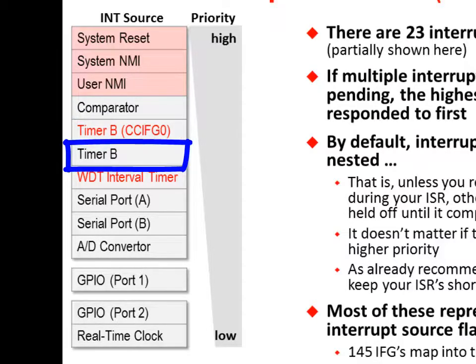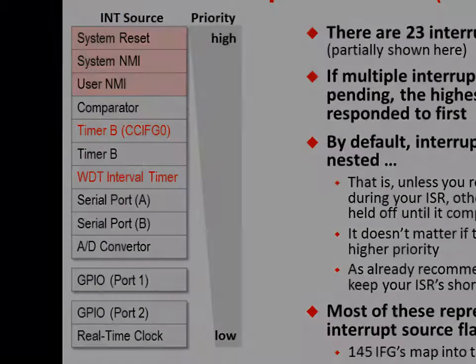Conversely, the next interrupt in line, shown here as just timer B, represents all of the remaining interrupts that can be initiated by timer 0B. When any of these interrupts occurs, your ISR will need to figure out which one happened and clear its flag, along with executing whatever code you need to associate with it.